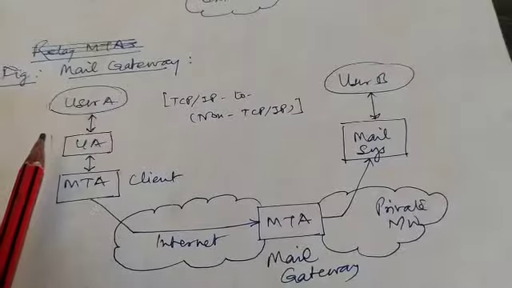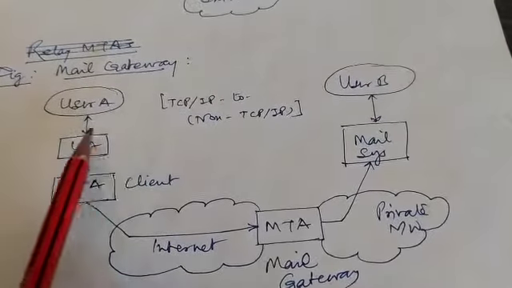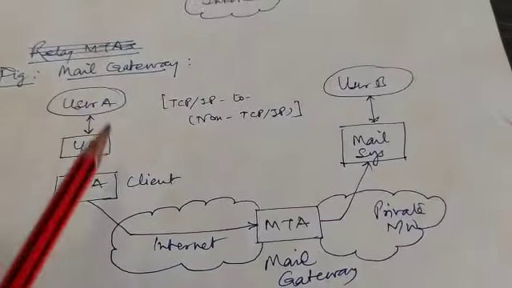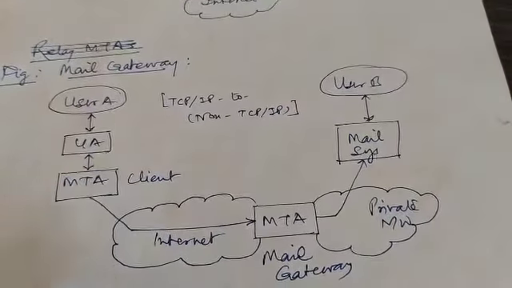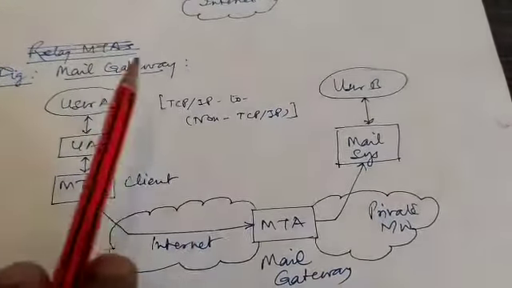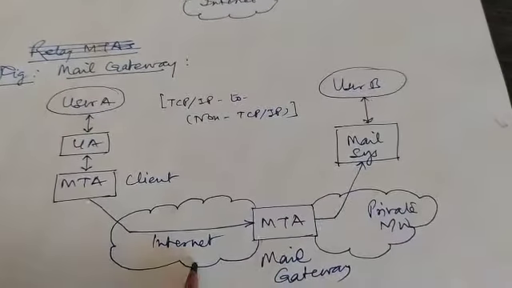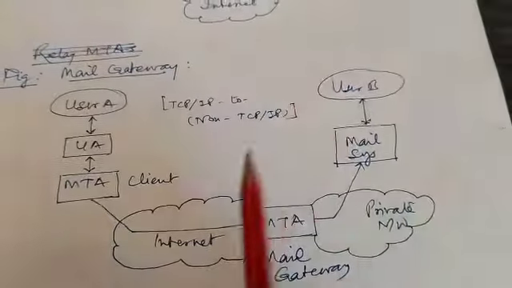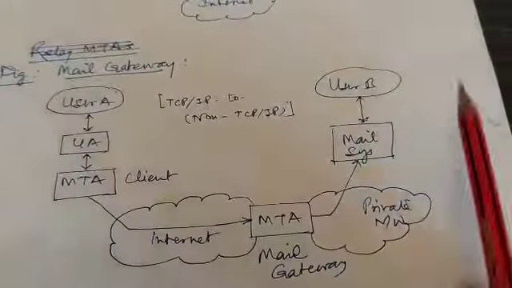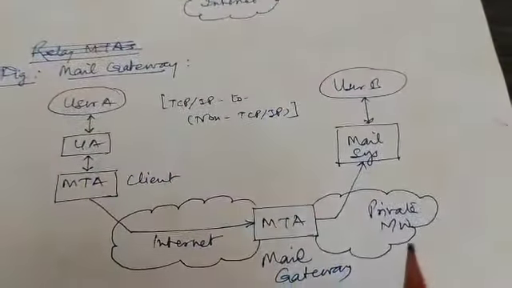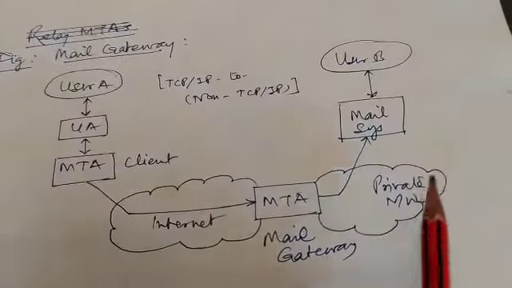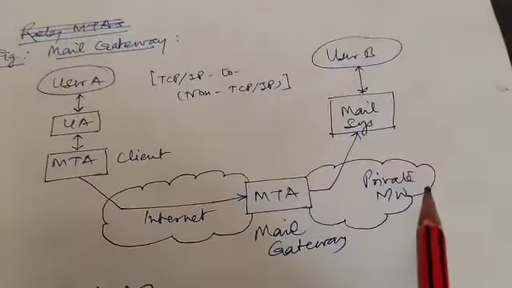So in this diagram, on this side we are seeing the TCP/IP network, right, whereas on this side we are seeing a non-TCP/IP network, which may be some private network, which is not necessarily TCP/IP based.